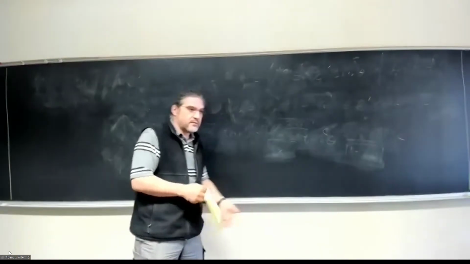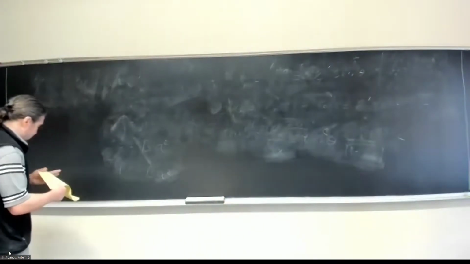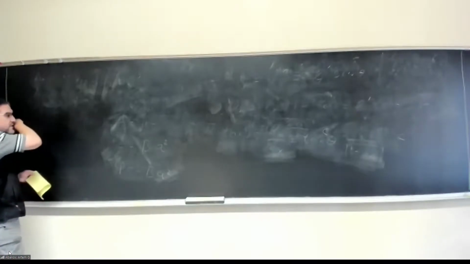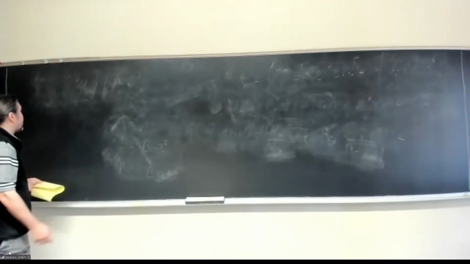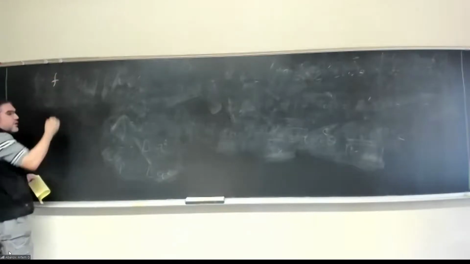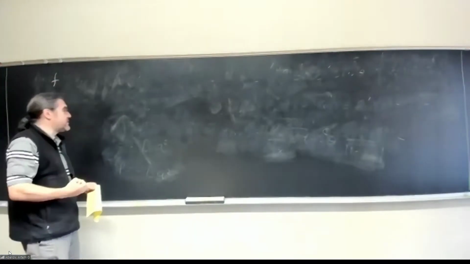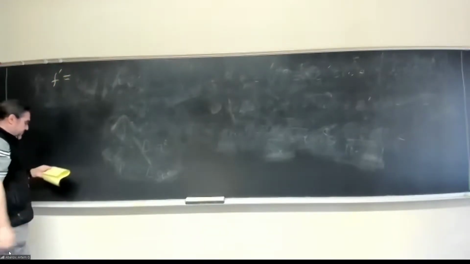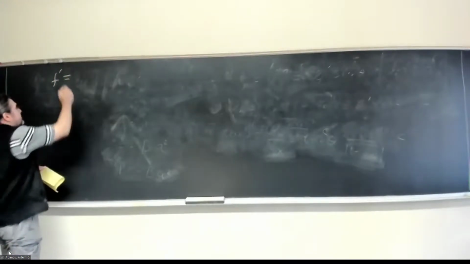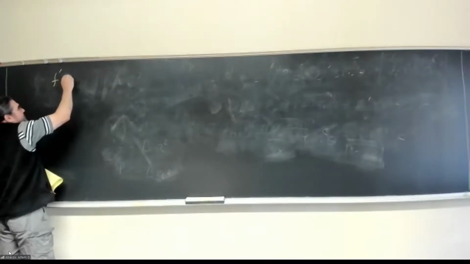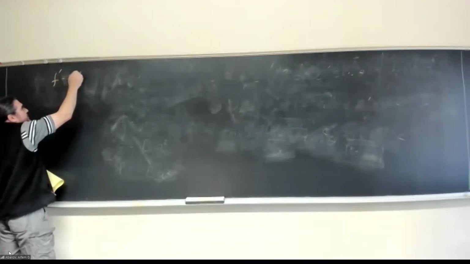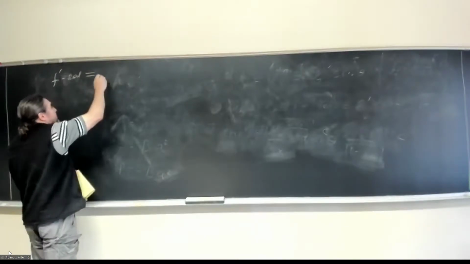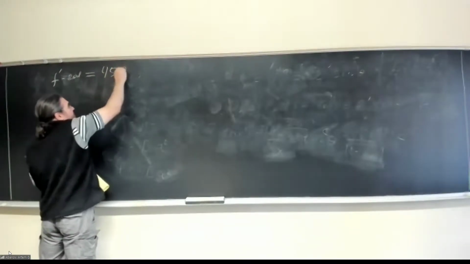Then what we need to do is go to Wikipedia or Google and see what the frequencies of different lights are. The frequency of the source light, the red light, let's call it f, equals, according to Google, 450 terahertz.